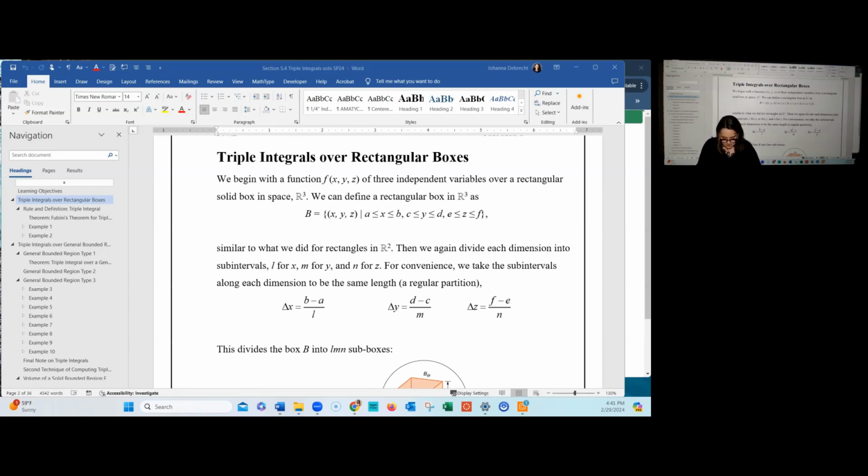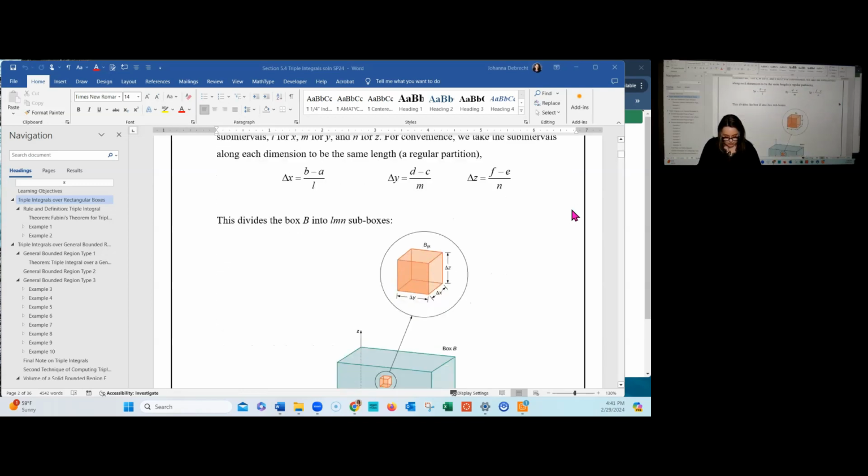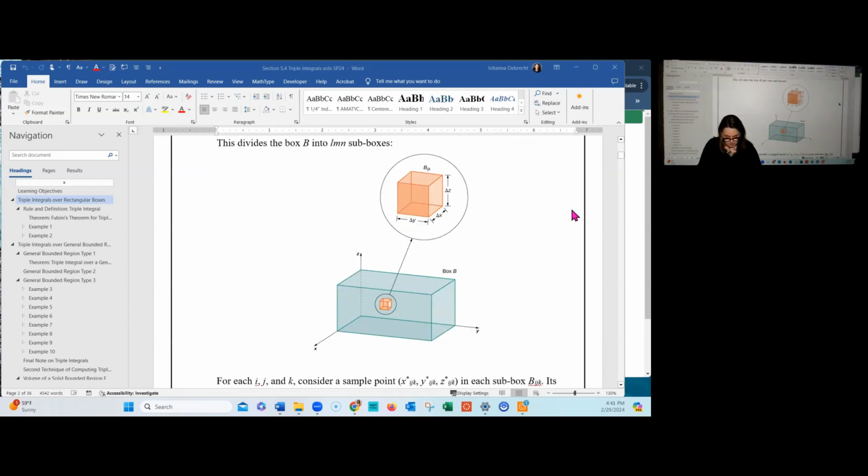This is going to subdivide the general rectangular box into a bunch of smaller boxes. We can call these sub-boxes. Since we have L divisions in the x direction and m in the y direction and n in the z direction, we have L times m times n sub-boxes making up this larger box B. So you can see here in the picture that we've got the large box B, and inside we've got one of the sub-boxes.